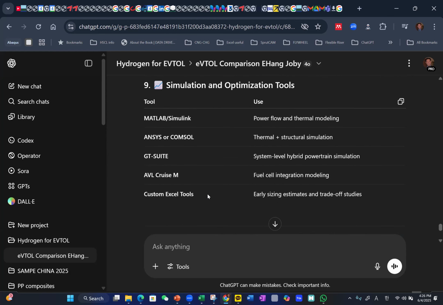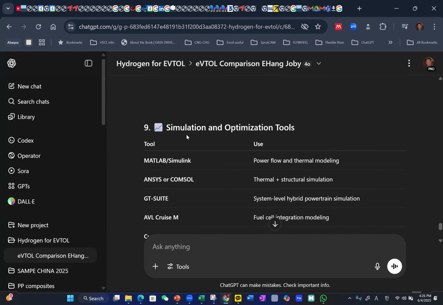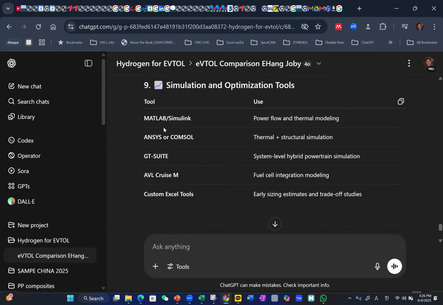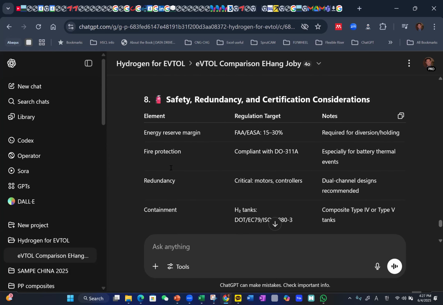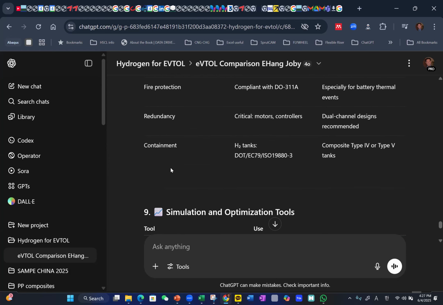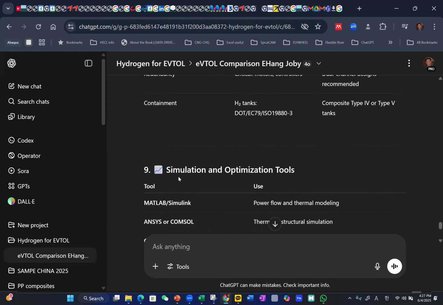You can use simulation and optimization tools like MATLAB or ANSYS and COMSOL, where you can use computational tools, but the main reason we need this simulation is for the purpose of optimization.